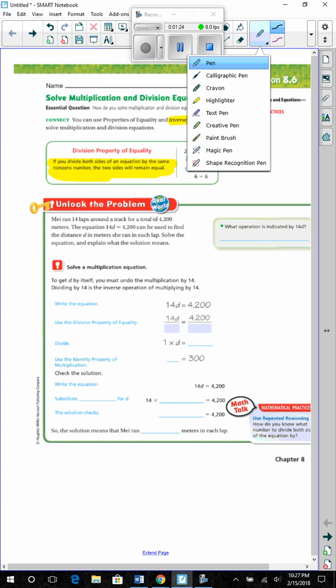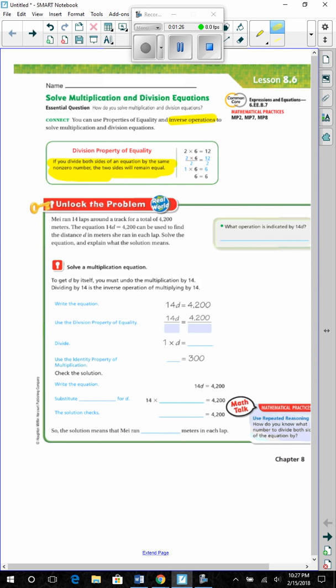So, I want you to notice here, they say multiplying is the inverse operation to dividing, and vice versa. It's the opposite. You have to do the opposite. So, write the equation. 14d equals 4,200.